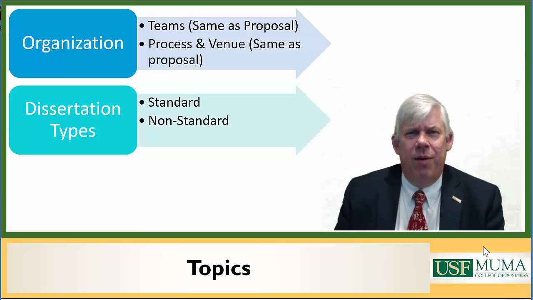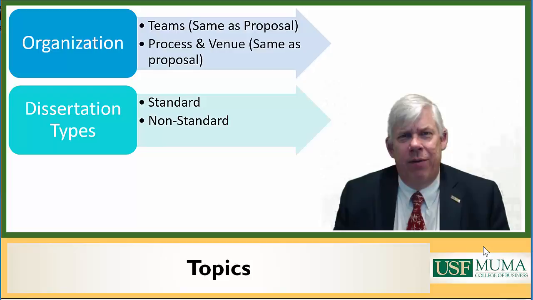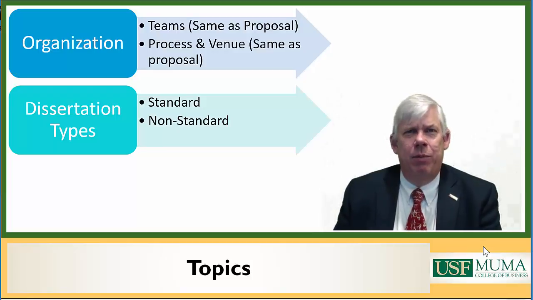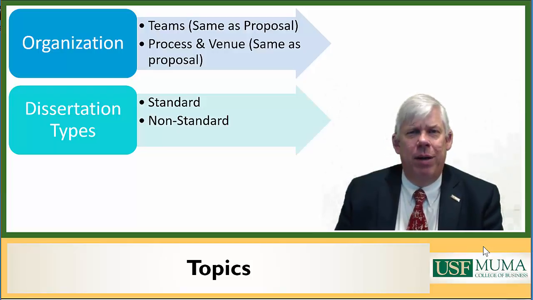But we also have some options that are very different. We've got the option to write a book intended for practice. We have the option of a project and white paper. And finally, we've got the option of a portfolio. And I'll talk about those a little bit more and why we've included these options in the DBA program.